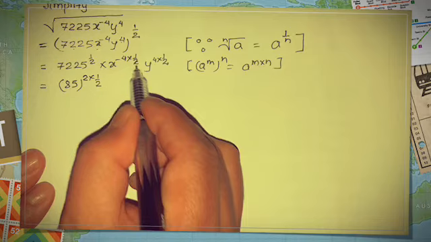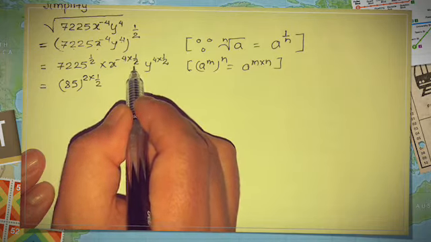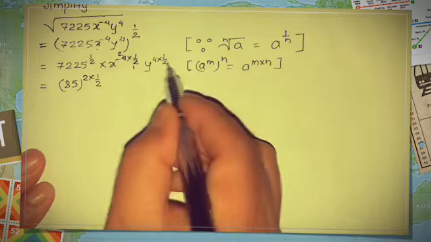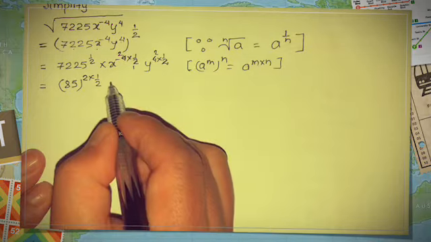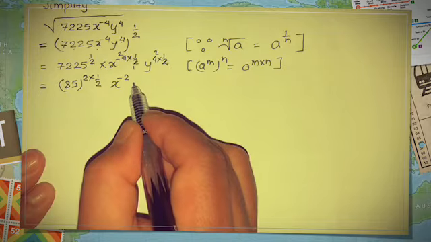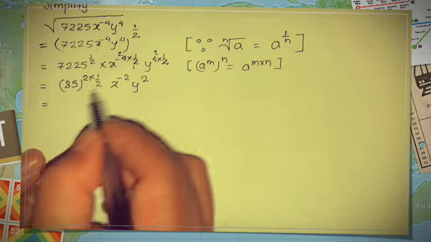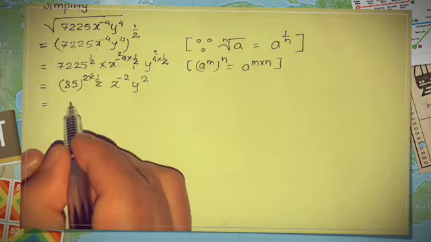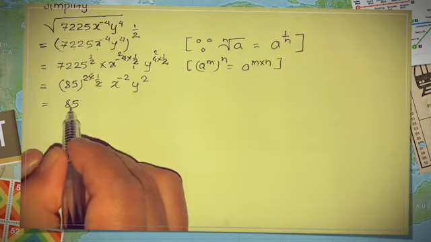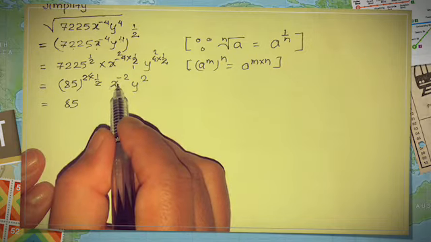Similarly, 2 times 1 by 2 cancels, and minus 4 times 1 by 2 is minus 2, and 4 times 1 by 2 is 2. So we have x to the power minus 2 and y to the power 2. So this cancels, so we have 85, and here the power of x is minus 2.